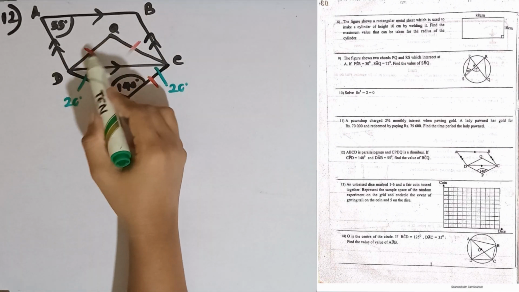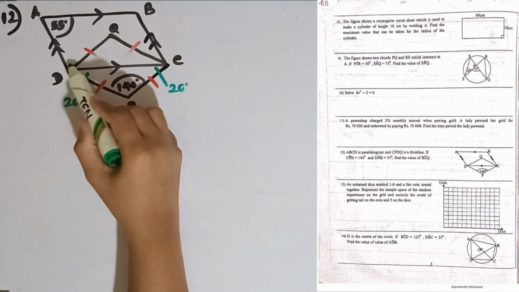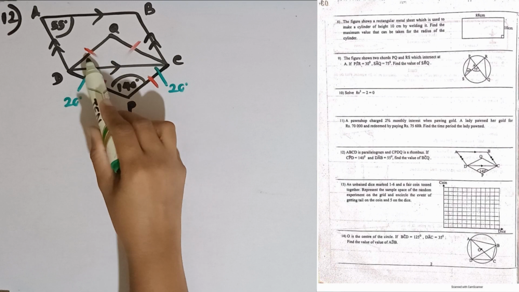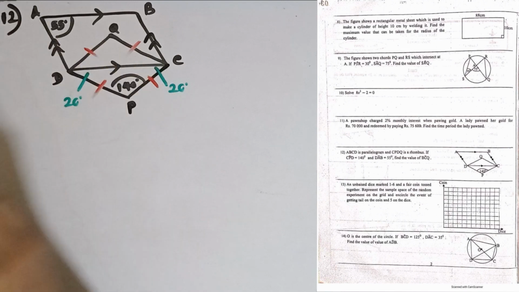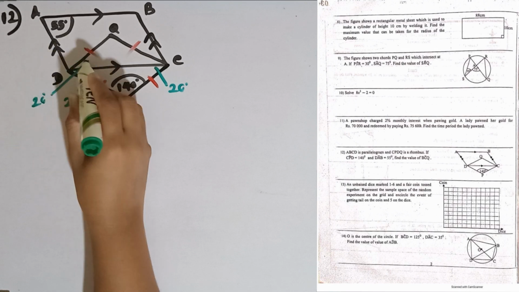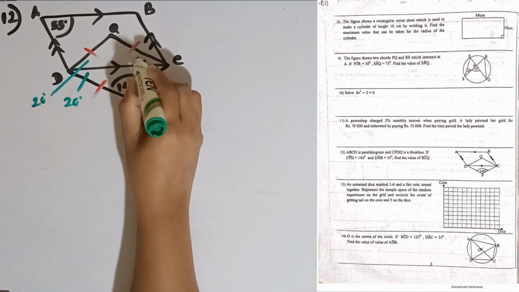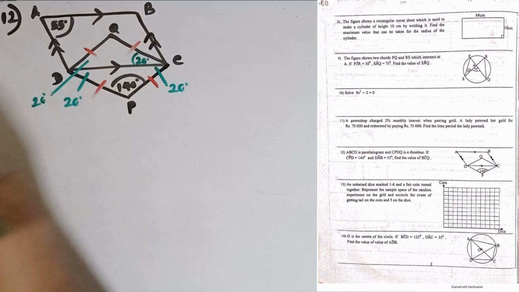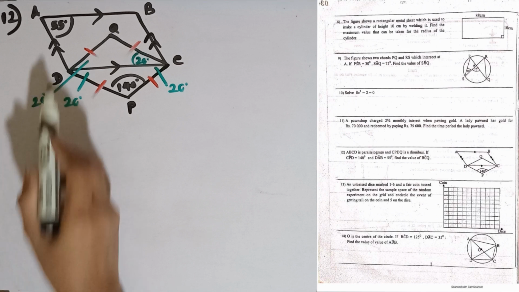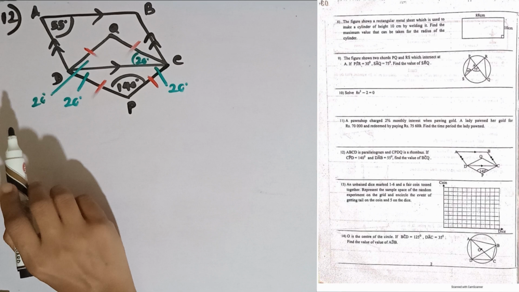Then in the rhombus, these two sides are parallel also. Then these two angles are equal in magnitude by taking alternate angles. This is 20 degrees. As these two sides are equal, this magnitude is also 20 degrees. Now, in the parallelogram, opposite angles are equal in magnitude.